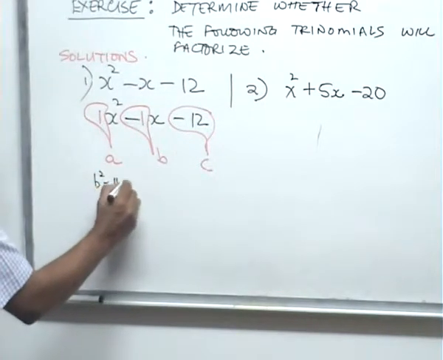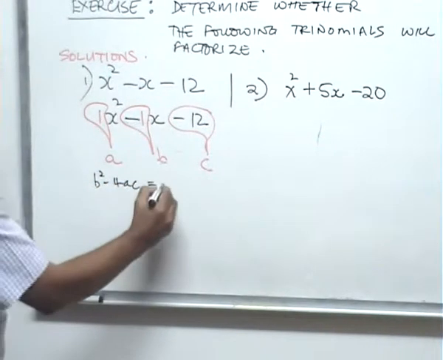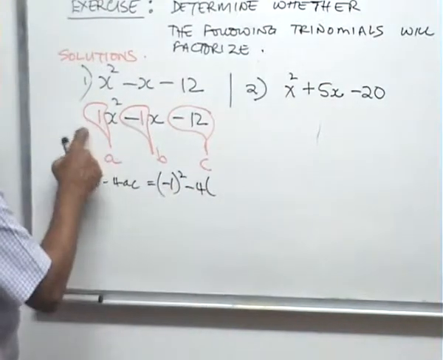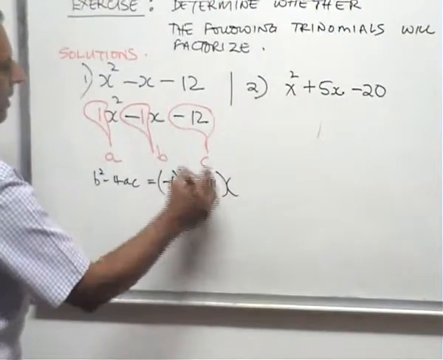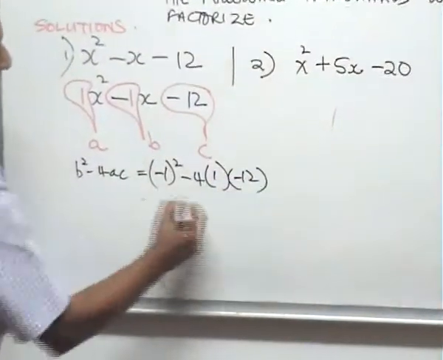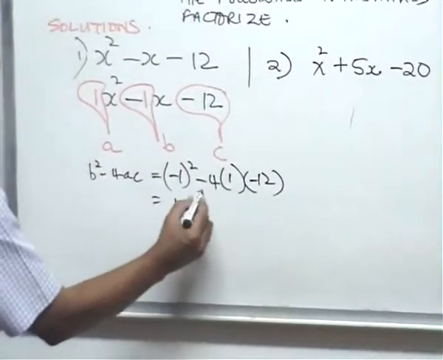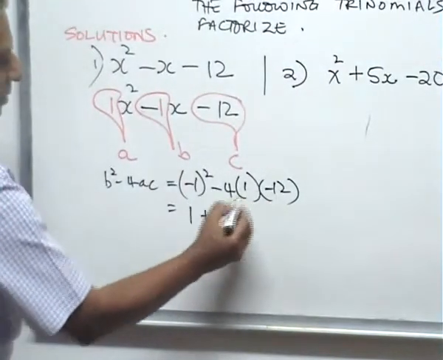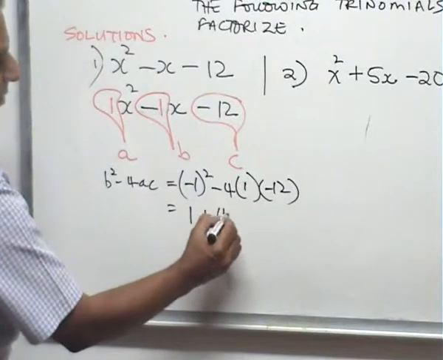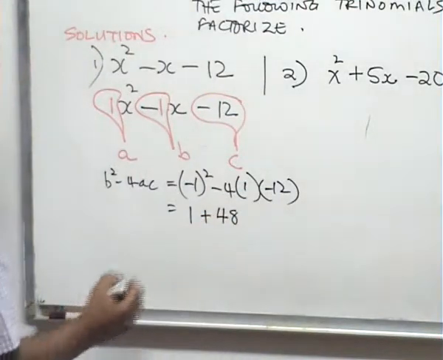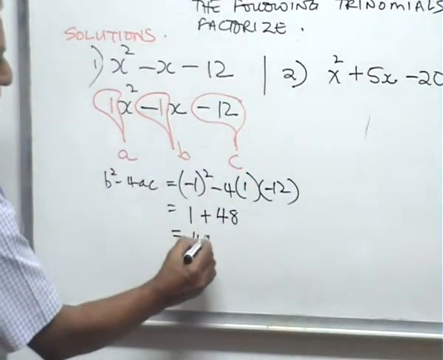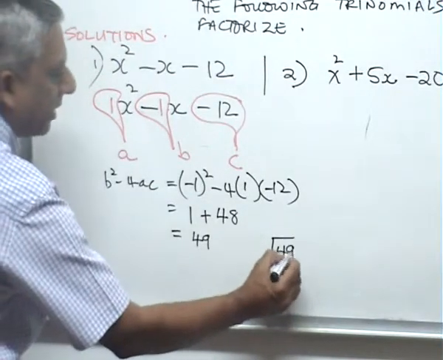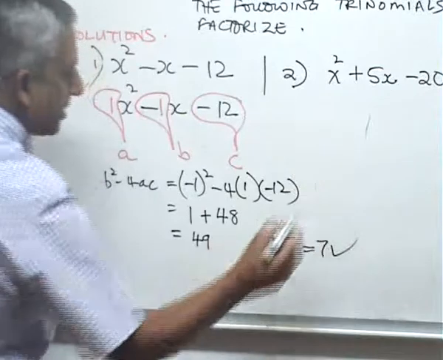B squared minus 4AC is equal to minus 1 squared minus 4 into A, which is 1, and C, which is minus 12. That gives you 1. Put all this in your calculator. Minus and minus actually is plus, and that 4 times 12 gives you 48. Final answer is 49. So if you try to find the square root of 49 in the calculator, you'll get exactly 7.